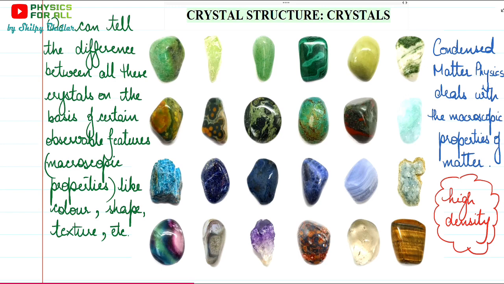So if you are seeing the crystals here, definitely they are condensed matter because it is possible that they might be formed from some liquid state or some molten state. In fact, the liquids that we consider under the condensed matter category are not totally flowy like water, which is really flowy. We actually talk of those materials or liquids which are quite dense, dense like lava.